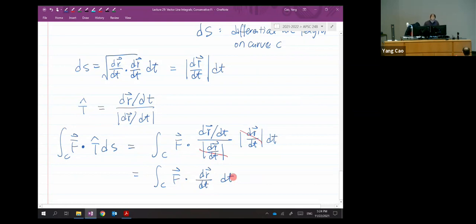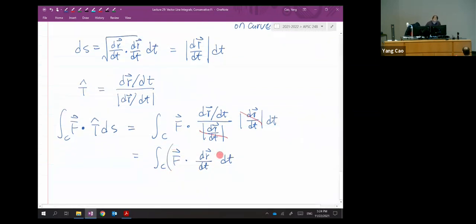I typically will stop here and leave it as it is. Sometimes you can see in my lecture notes or in the textbook that they also cancel the dt. I don't think you need to cancel the dt, because if you cancel it, that's fine, but when you calculate the dr vector, your dt will actually show up again.